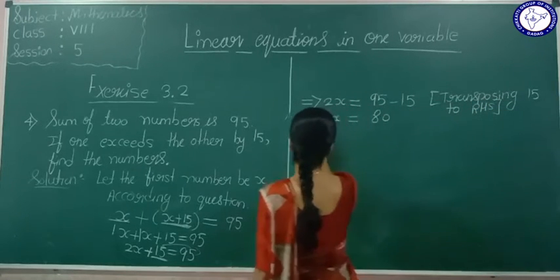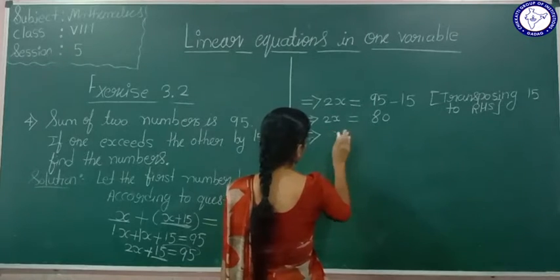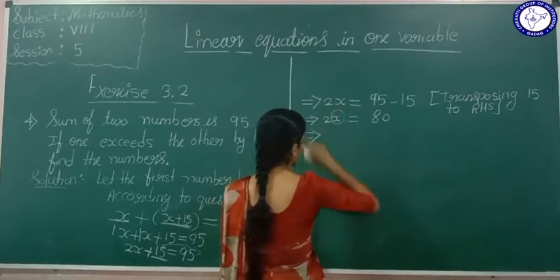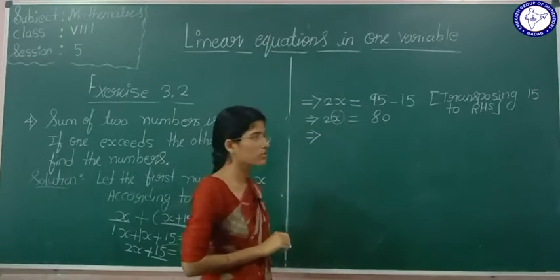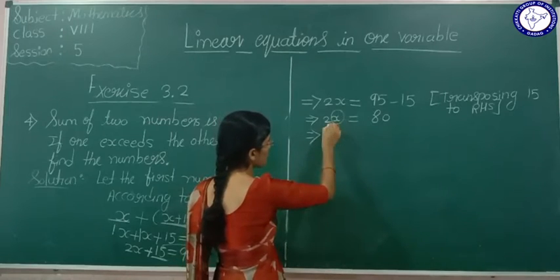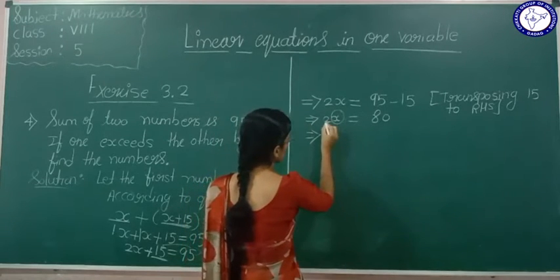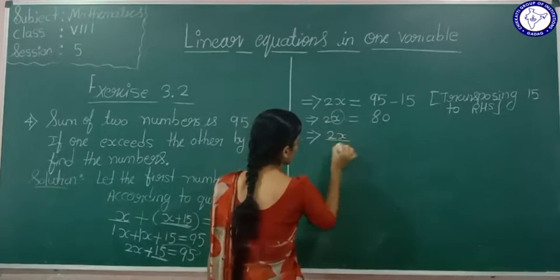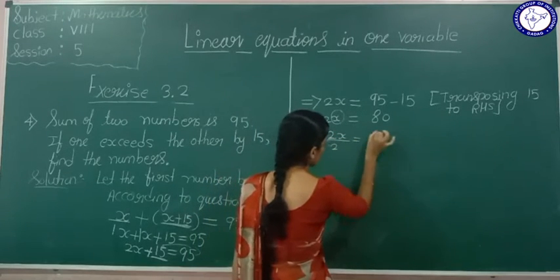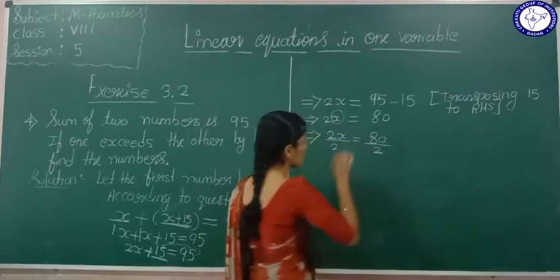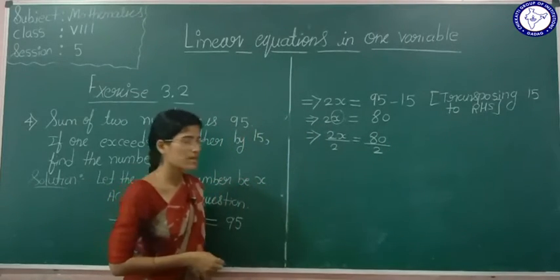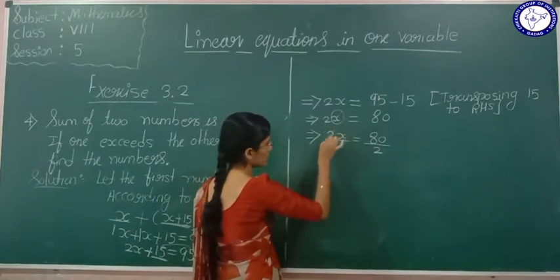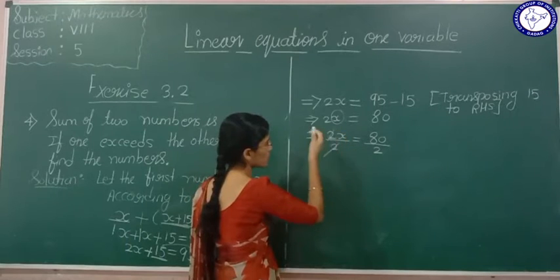Now see, this implies x is equal to... we want to find the value of x. To find out the value of x, what we will do is, see here, divide both sides by 2. If you divide both sides by 2, definitely this 2 will be eliminated.